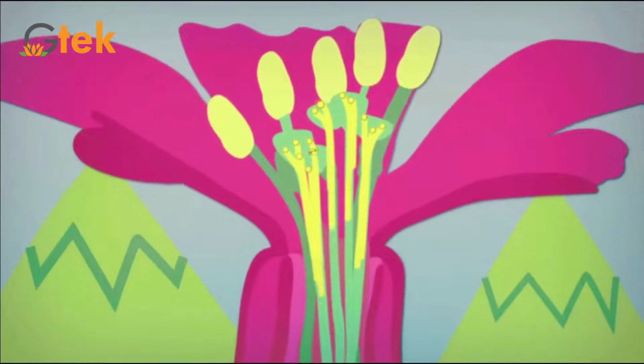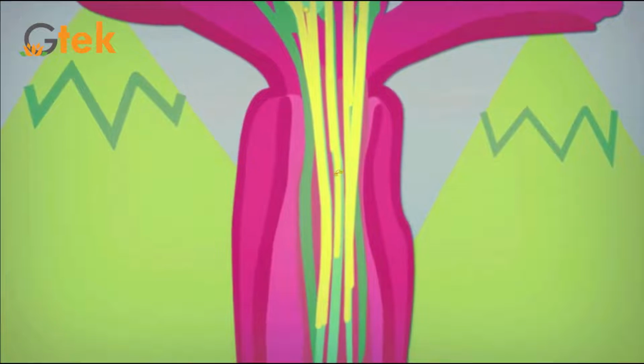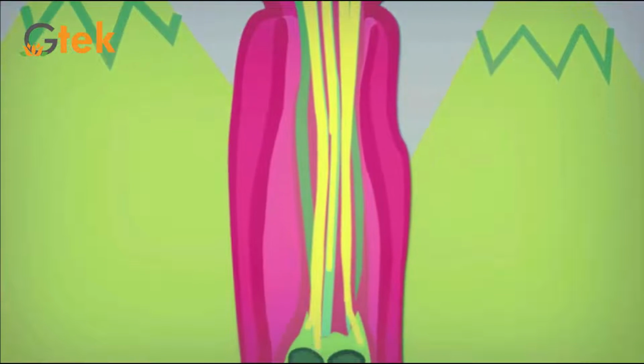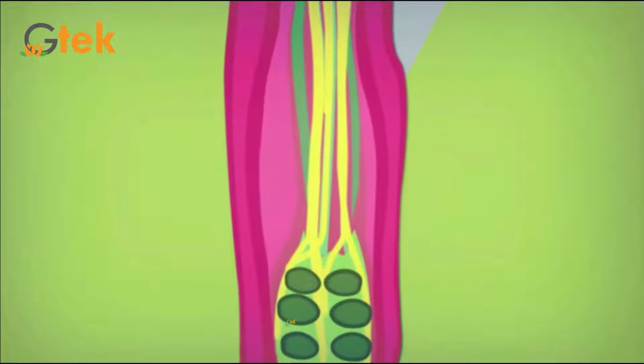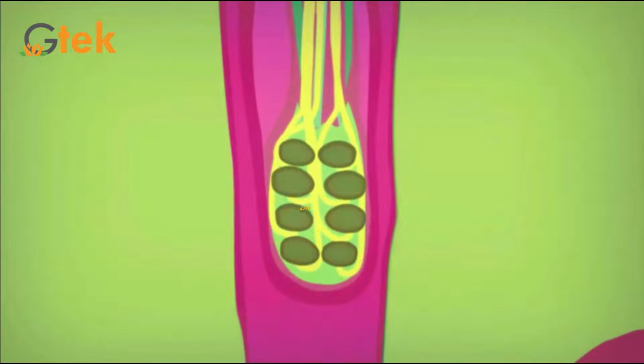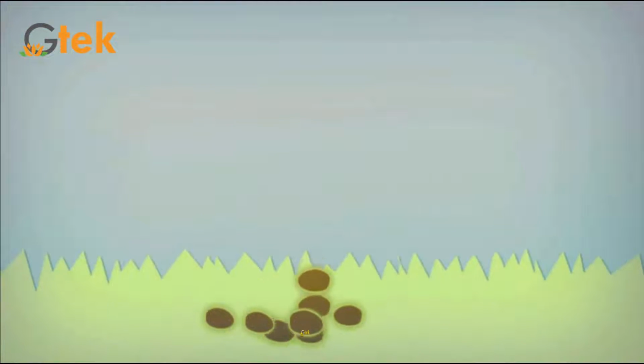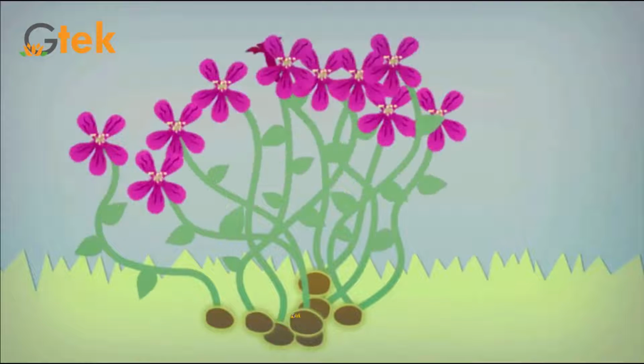You can see here the gametes go through the stigma into the ovary. Inside the ovary, the ovule is present, and in the ovule, the mitosis process is carried out so that the gametes fall on the land and become a growing plant.